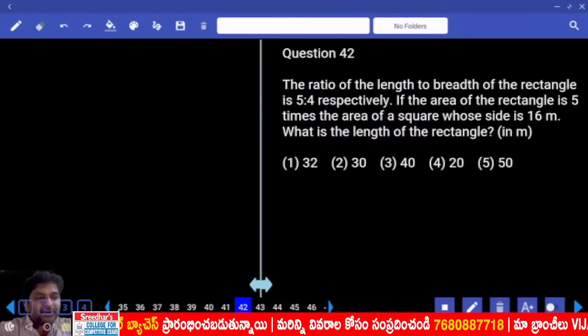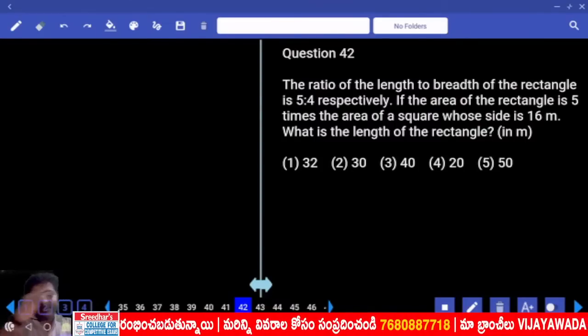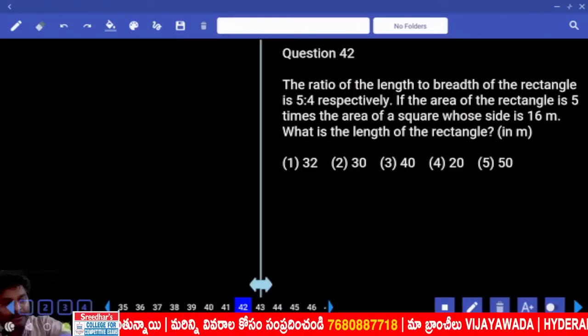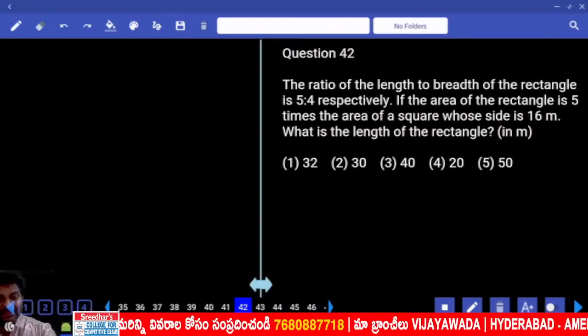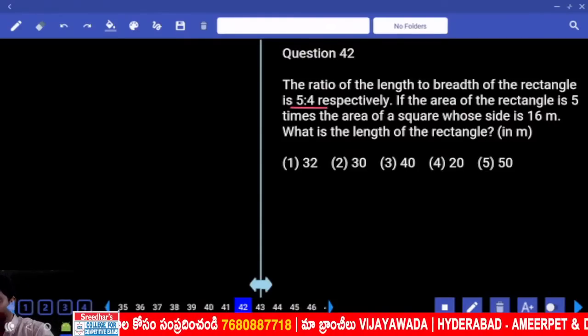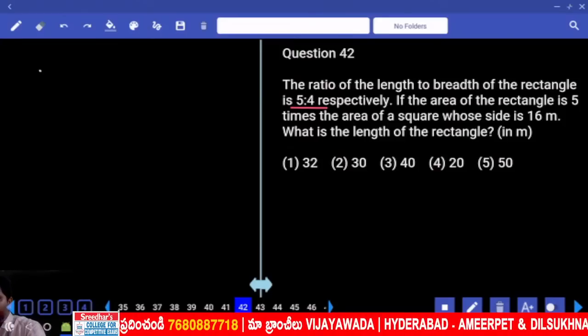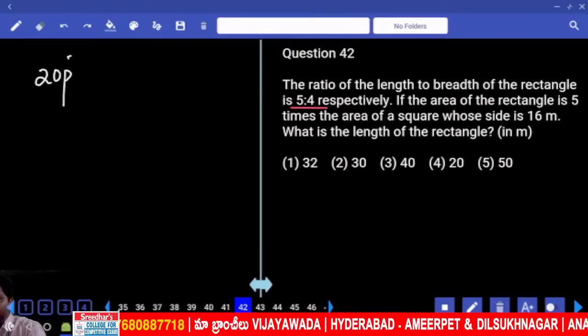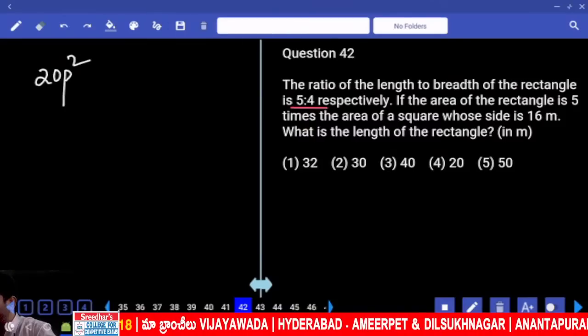Next. The ratio of length and breadth of the rectangle is 5:4. Length is 5 parts, breadth is 4 parts, product is equal to 20 p square. This is the area.